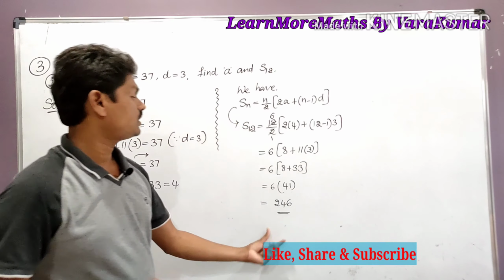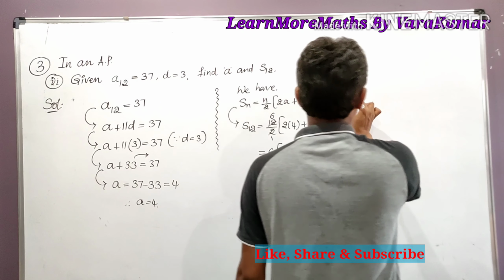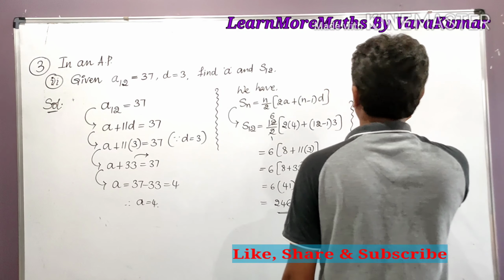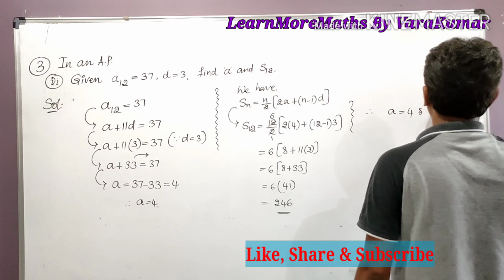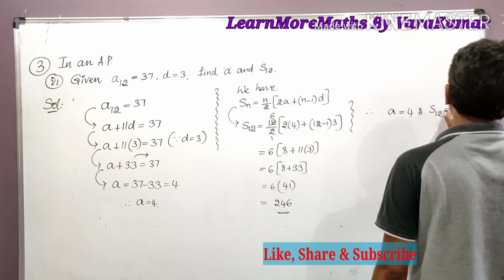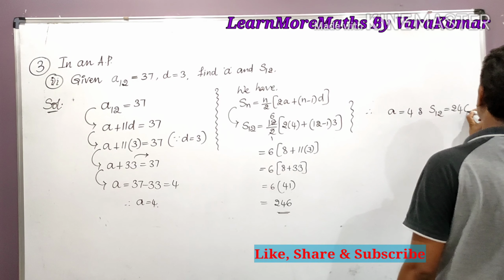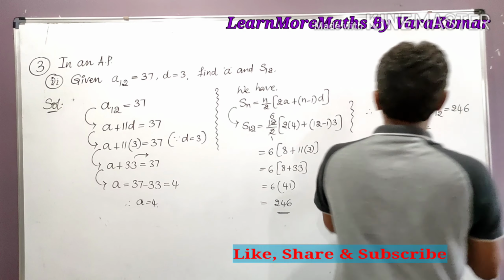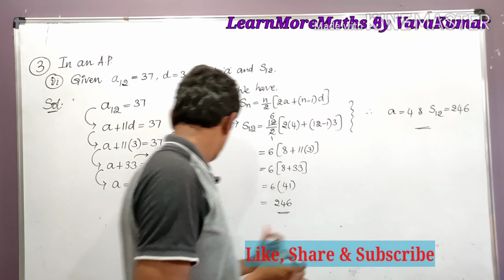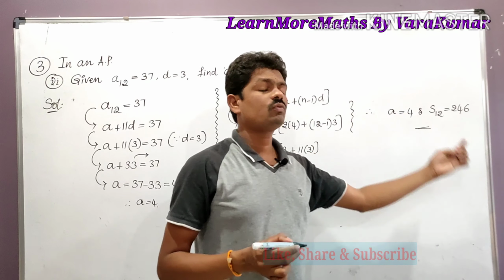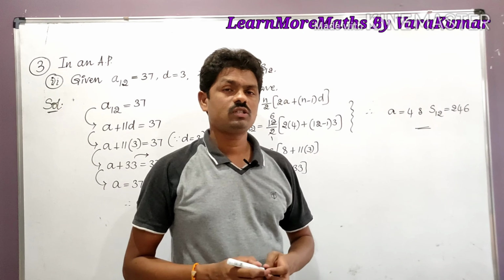Therefore S12 is equal to 246. So we write a is equal to 4 and S12 is equal to 246. He is asking us to find the a value and S12. So this is the third problem.